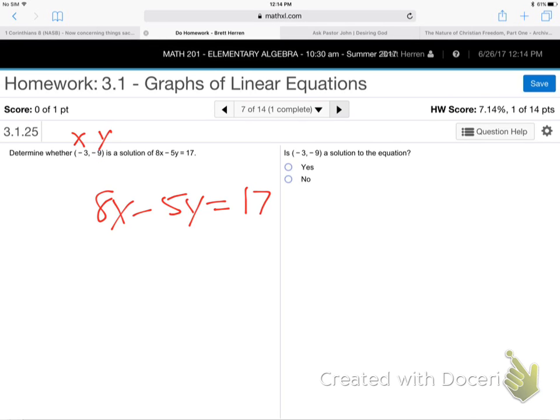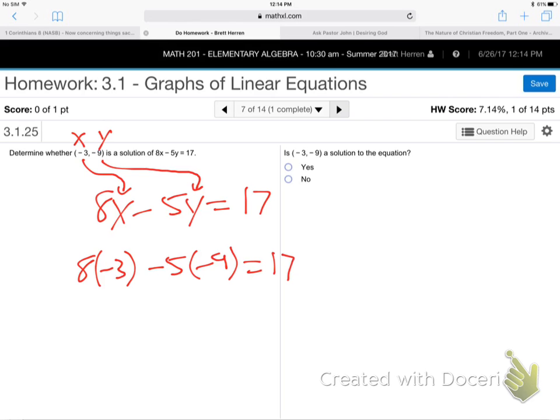So they want us to take this and plug it in for x, and take this and plug it in for y. Like that. And they just want us to determine if it works out to be true, or equal, or not. If it's equal, it's a yes. So let's just plug it in. So 8 times negative 3 minus 5 times negative 9. Does that equal 17?